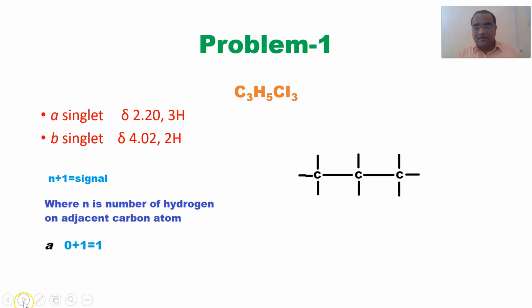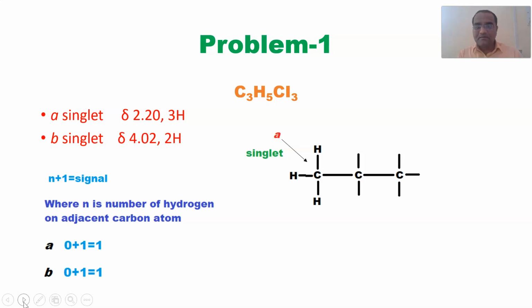So it means the carbon which is giving a singlet has a substitution of 3 hydrogens. Let us put these 3 hydrogens on one carbon, and we have chosen the first carbon, as I already explained, because there is no hydrogen on the adjacent carbon atom. After that, going to the B signal, it is showing a singlet of value 4.02, 2H.